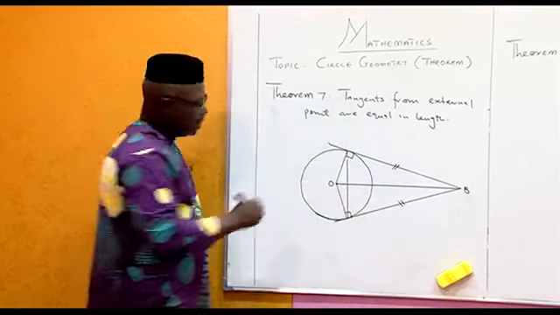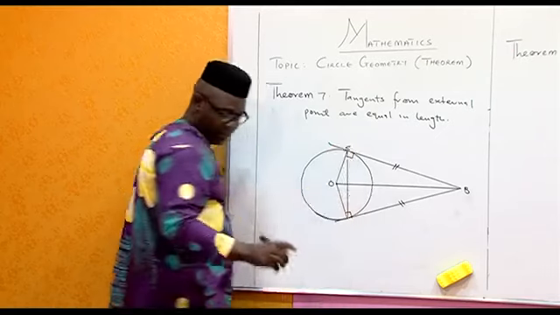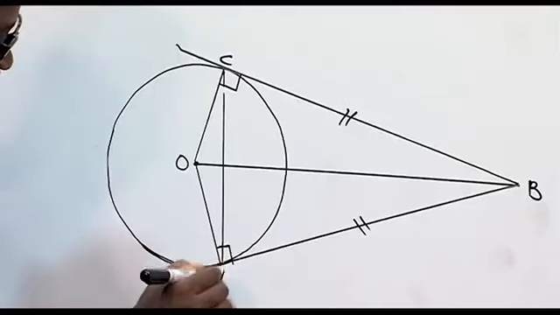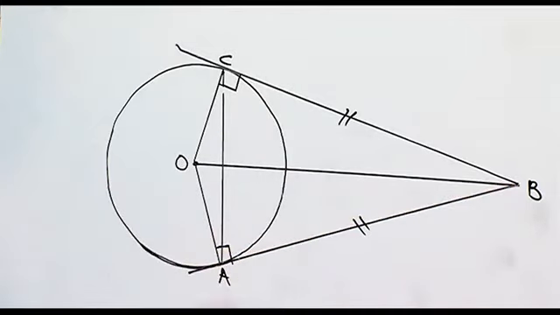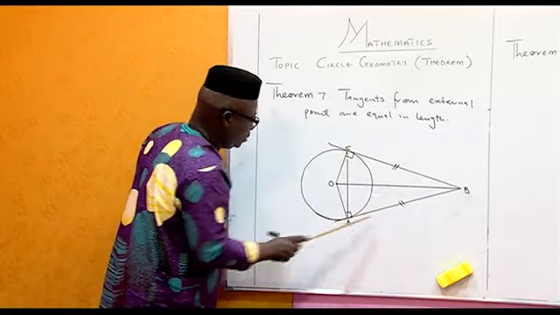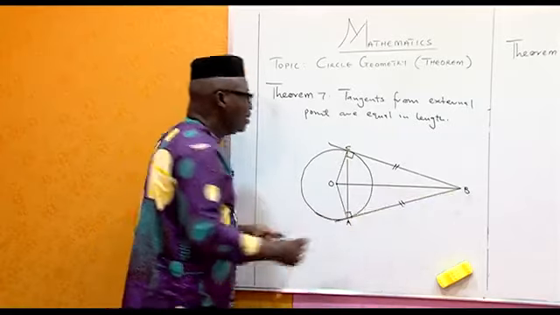I'm talking about length CB is going to be the same thing as length AB. Both of them are tangents from an external point. So CB is going to have the same length as AB.